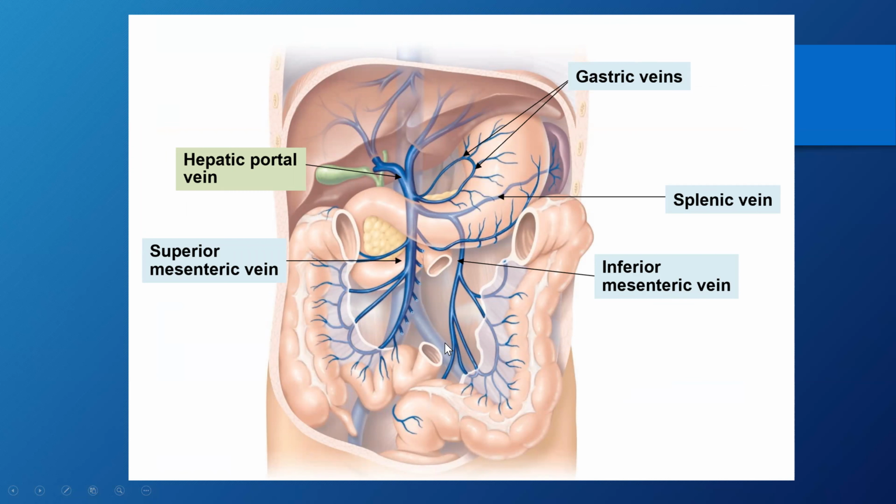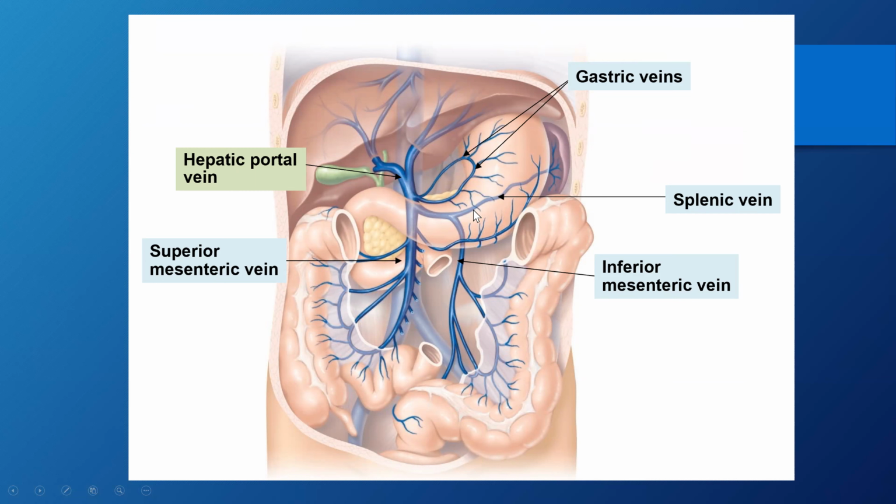This is blood coming from your GI tract to your liver, right? So we have splenic vein, gastric veins, inferior and superior mesenteric veins, and they drain blood into what we call hepatic portal vein.